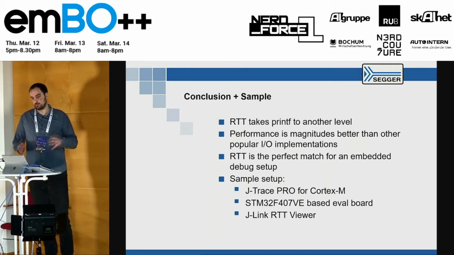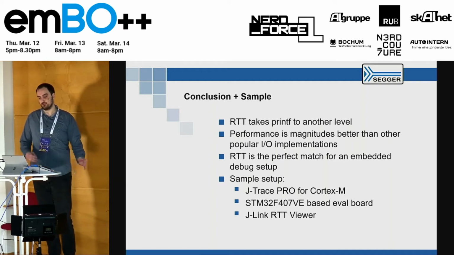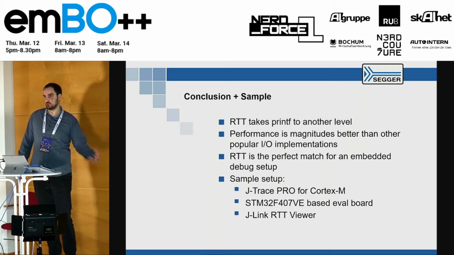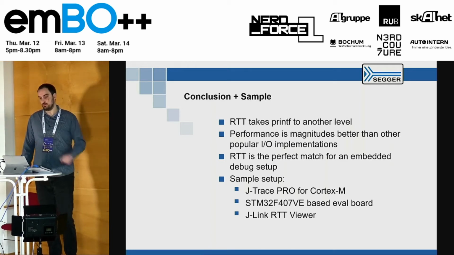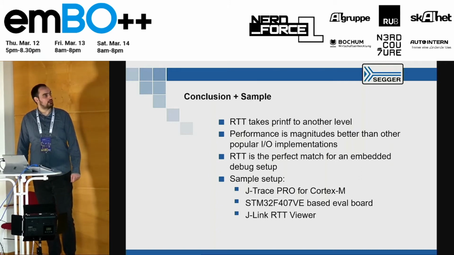And because of the low memory footprint, the fast integration, and the very simple usage, it's a perfect fit for any setup which considers using at least printf or some more advanced debugging techniques like, say, software tracing.